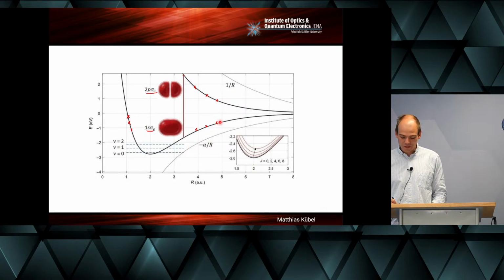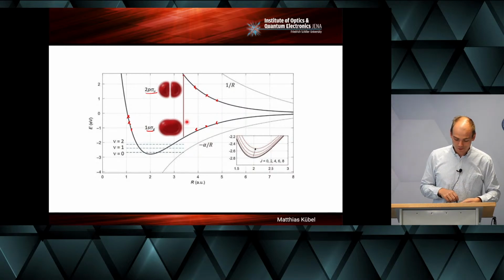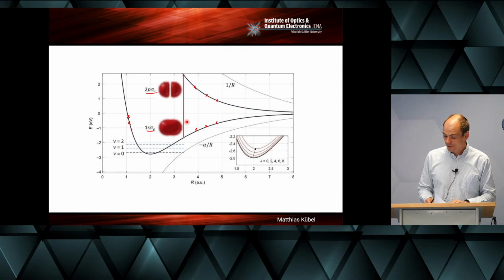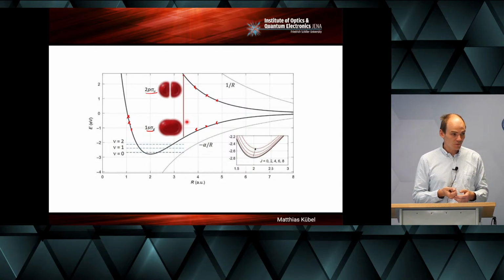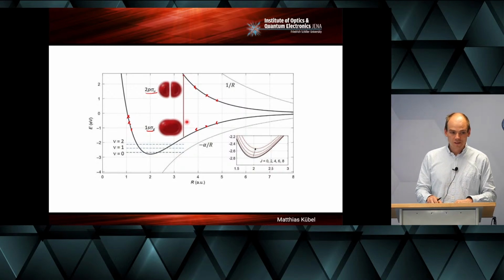Whereas if maybe your molecule is at the internuclear distance of 5 atomic units, then that photon would not be in resonance anymore, and you would need a smaller photon. So we want to see a bit how we can reconcile this intuition with this picture here. How does this work? And the key to that is the dipole that's induced by an oscillating electric field in the molecule.